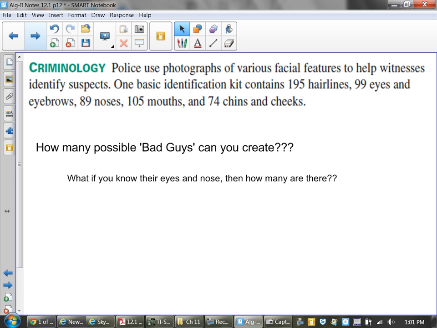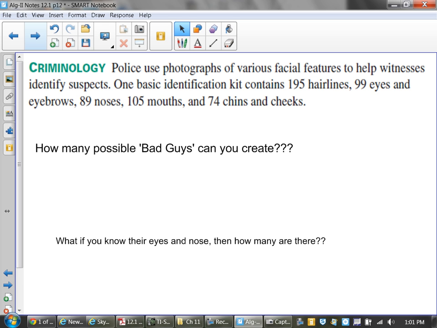How many possible bad guys can you create with 195 hairlines, 99 eyes, 89 noses, 105 mouths, and 74 chins and cheeks? So the eyes and eyebrows are combined. Yes. The jawline is the structure of the jaw.